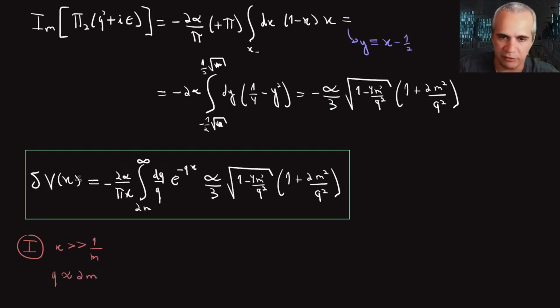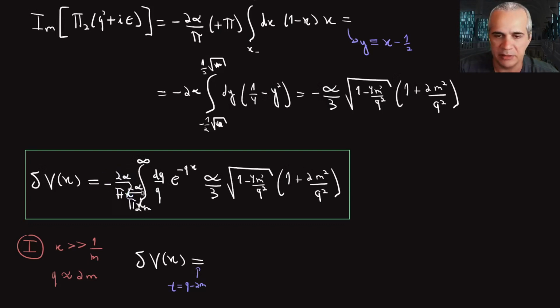and it is useful to make a small change of variables and rewrite delta V of x in terms of a variable that I'll call t, which is q minus 2m. I'll put that in the integration here.